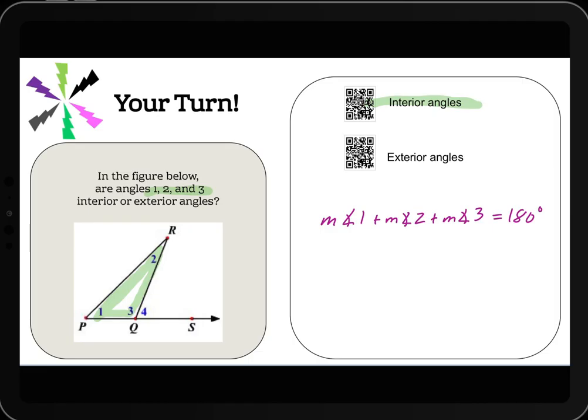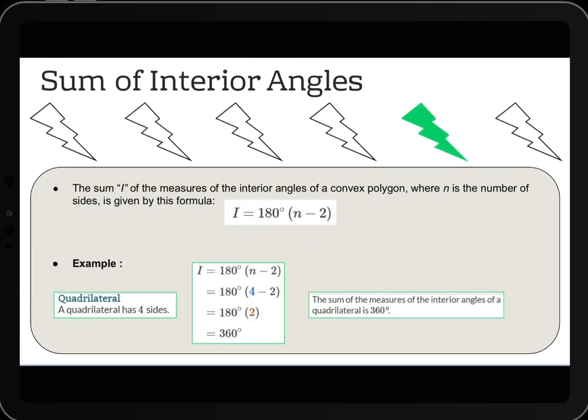And that's important because you can actually work with that to determine why the sum of all the angles inside of any polygon is equal to this particular formula here. This is our formula, which we refer to as I because it represents interior angles, for a convex polygon, specifically convex.